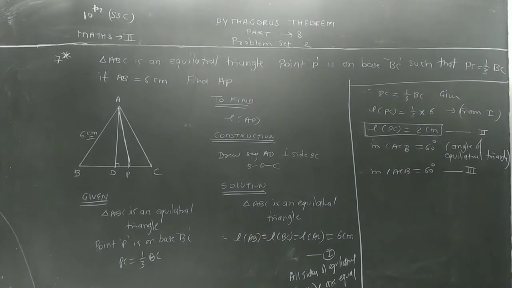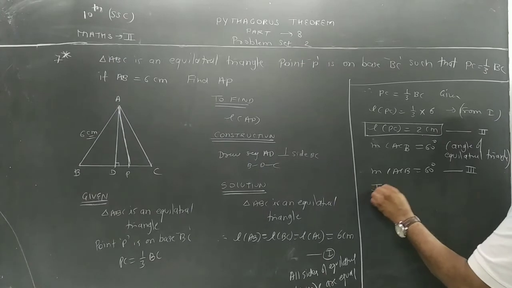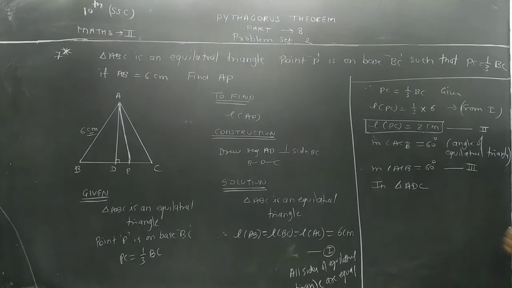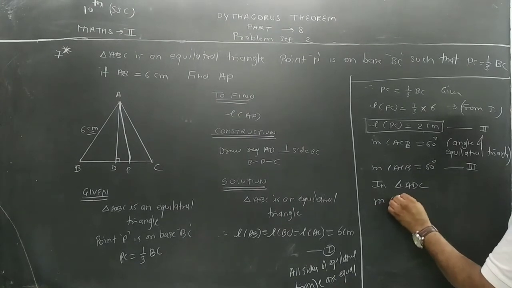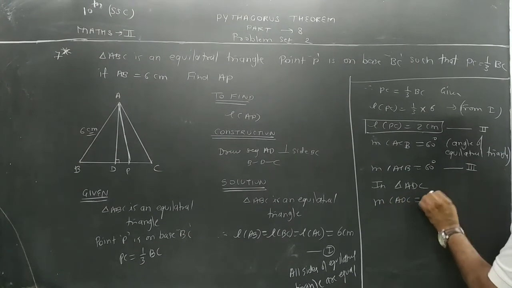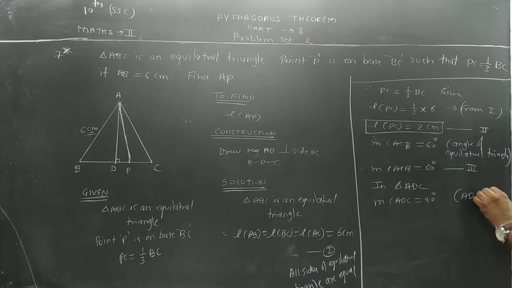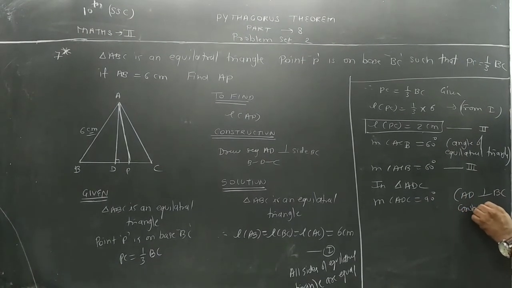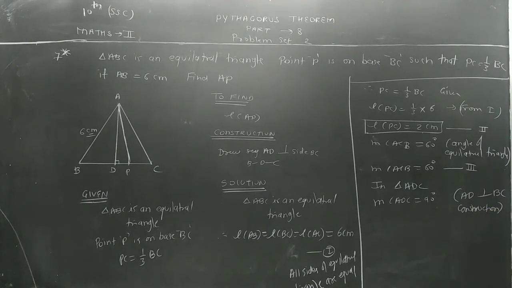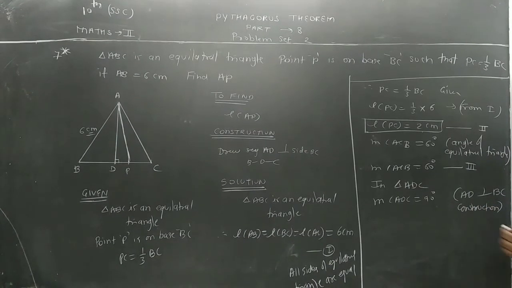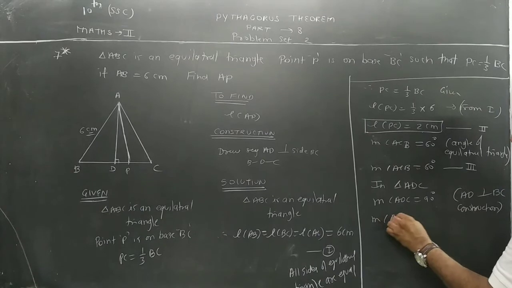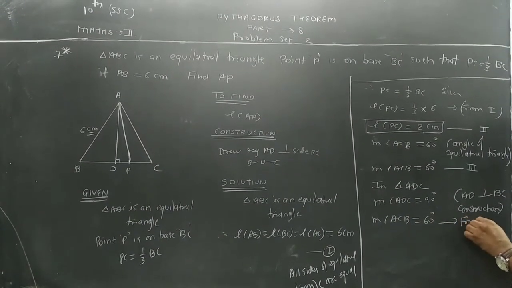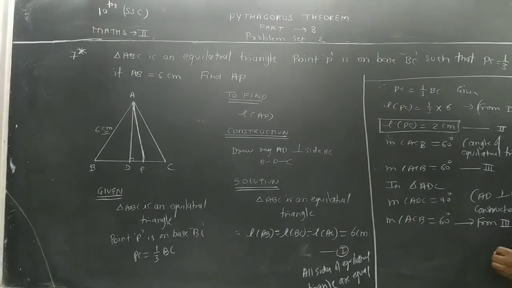Now, in triangle ADC, measure of angle ADC is equal to 90 degrees, AD is perpendicular to BC, due to construction. Measure of angle ACB is equal to 60 degrees, that is from 3.